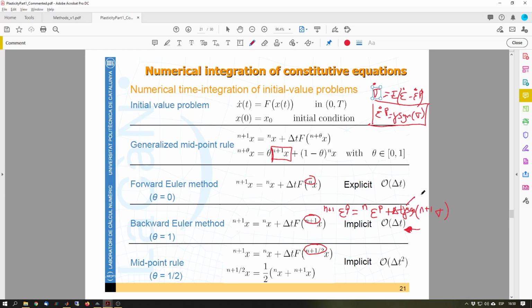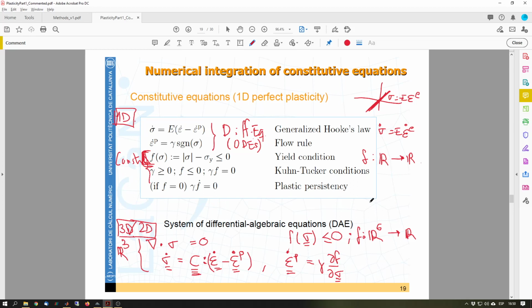We assume that gamma is gamma at n plus 1 already. So this is our actual implementation of the backward Euler for the differential equations that we have, and we need to solve the scheme with the time stepping that we have defined.